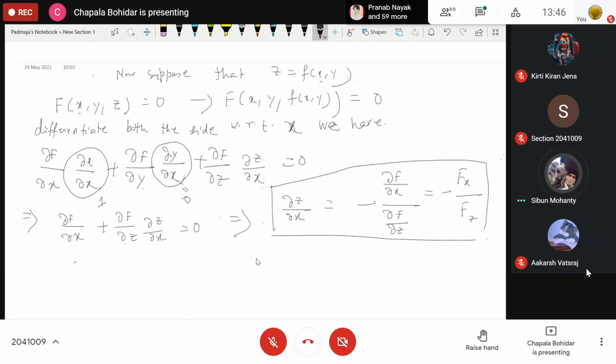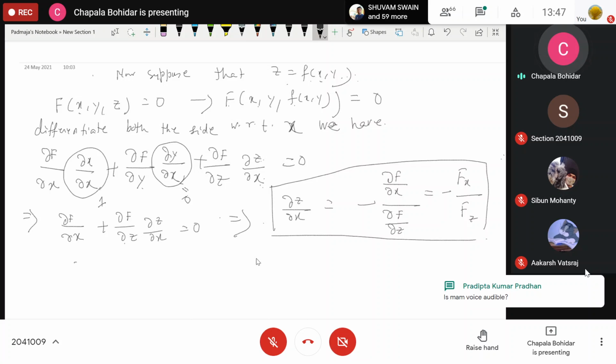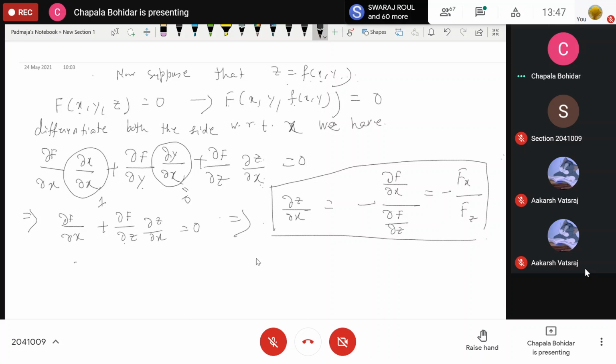Y as constant. Okay, constant. So del y by del x must be 0. But though z is a function of x, y, you cannot say it is 0. It is del z by del x, because z is the function of x, y. Clear? So now similarly, you find out by differentiating both the side with respect to y.